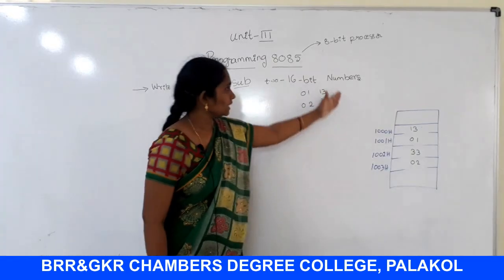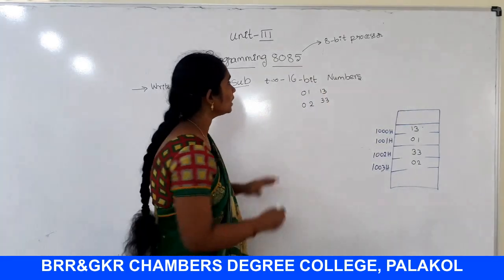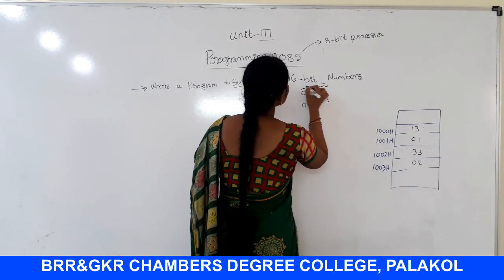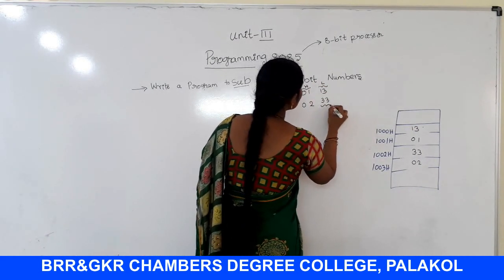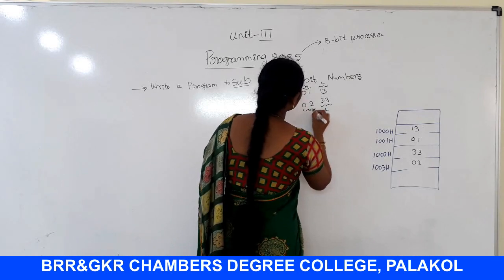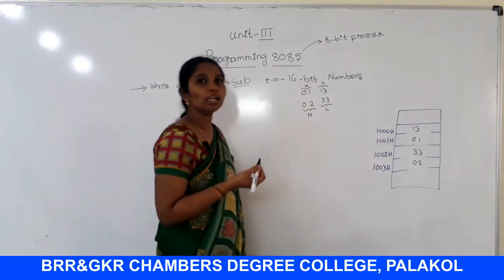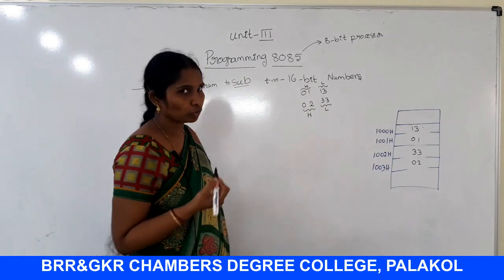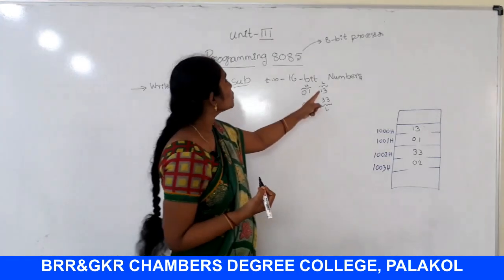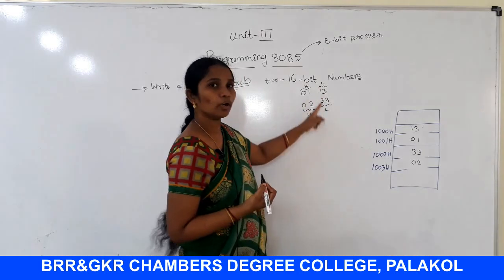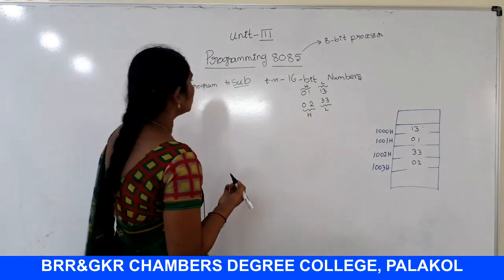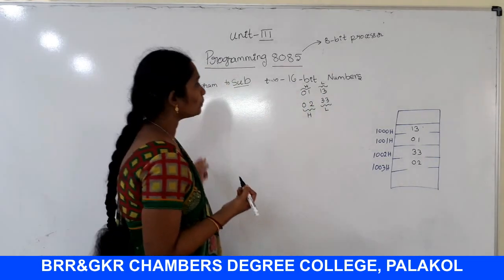I consider the same example here. This is lower order and this is higher order, and this is also lower order and this is higher order. The subtraction operation is the same as the addition of two 16-bit numbers. Here you have to subtract the lower and subtract the higher.